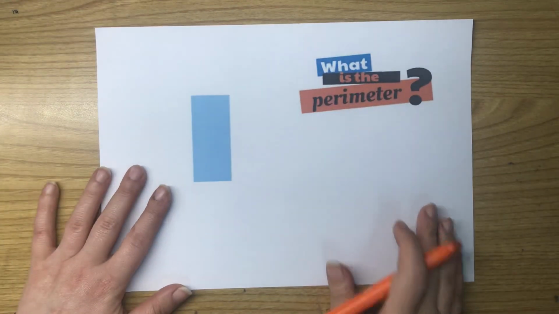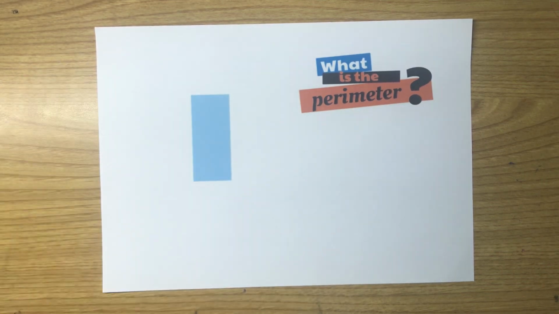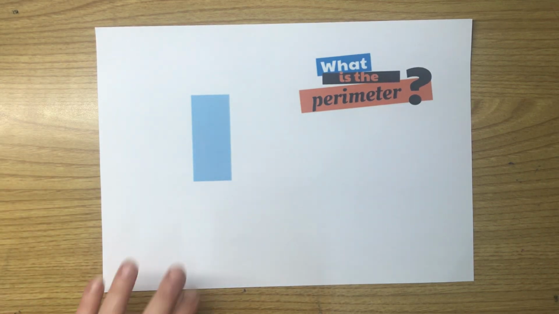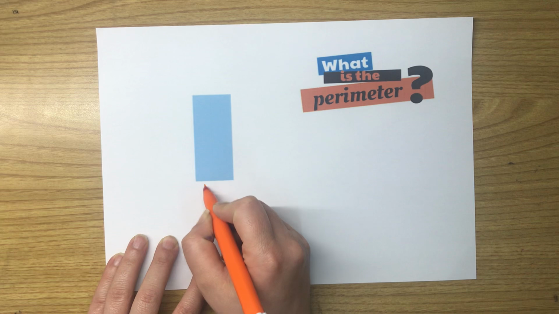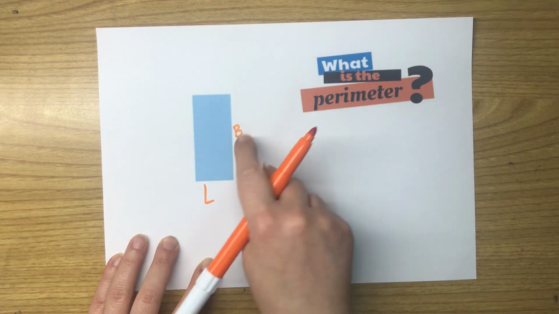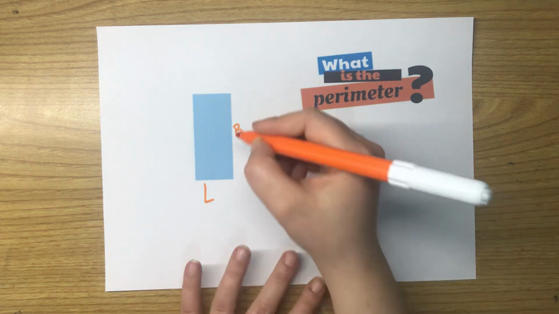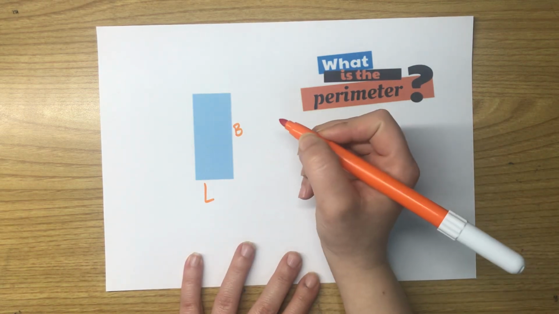Next, what is the perimeter of the rectangle? The rectangle's sides are called length and breadth. The breadth, in your book or some other books, is called width. So you can name it breadth or width.